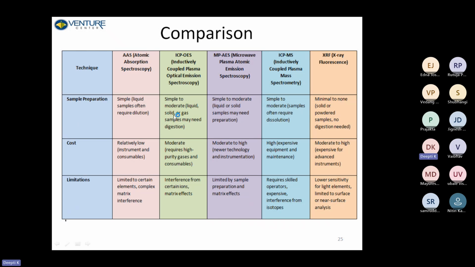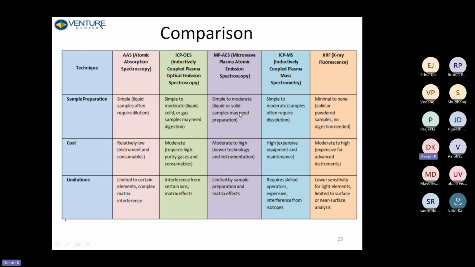When it comes to sample preparation, for AAS, ICP-OES, MP-AES, and ICP-MS, we require to convert the sample into a solution form. So sample preparation is required. The only difference is that ICP-OES and MP-AES can tolerate a little bit more solid concentration.